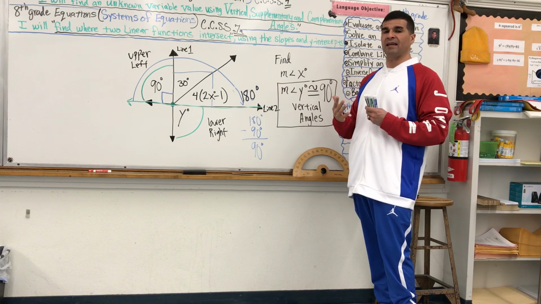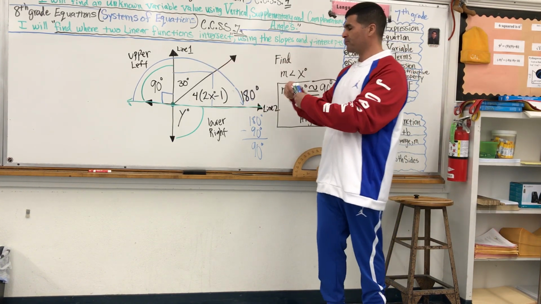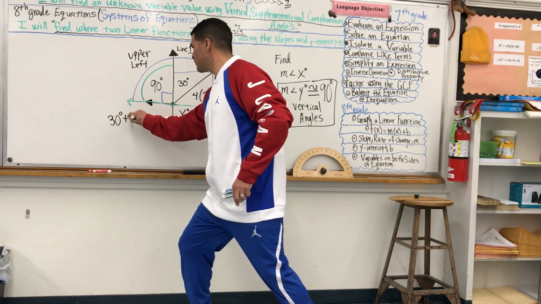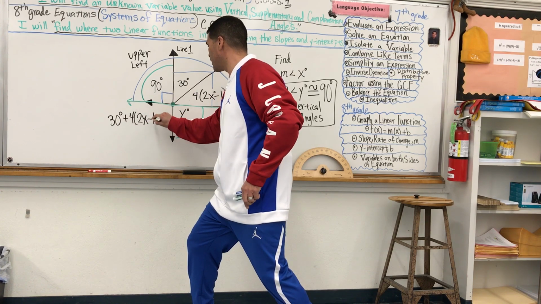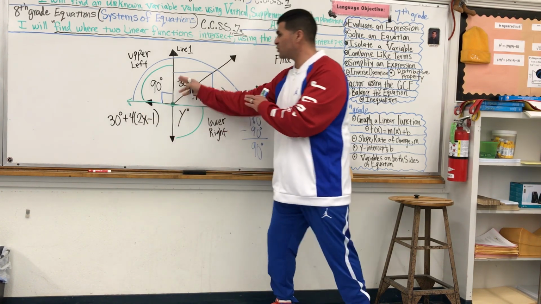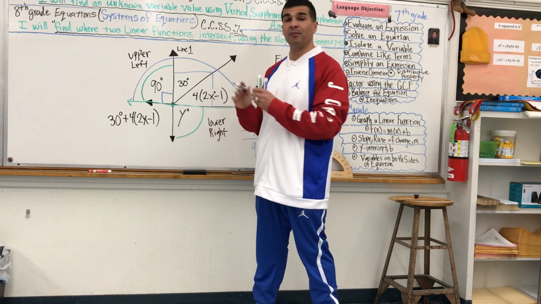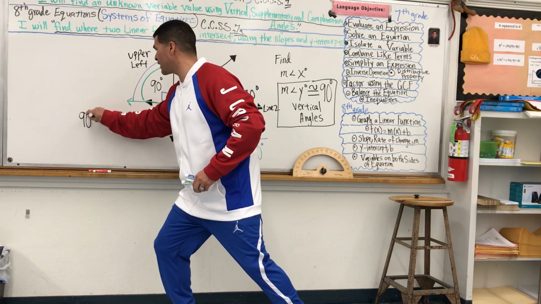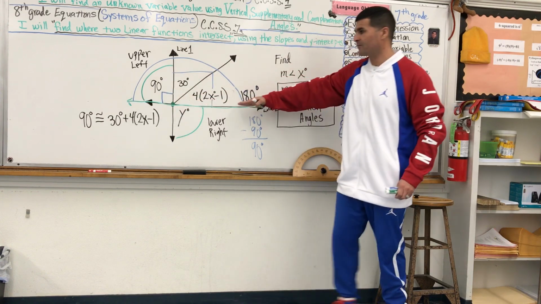And we can use that now. We can say, okay, if I have 30 degrees plus 4 times 2x minus 1, if we add these two angles up, this must be congruent to the other 90 degrees that I know are left over for this straight line.